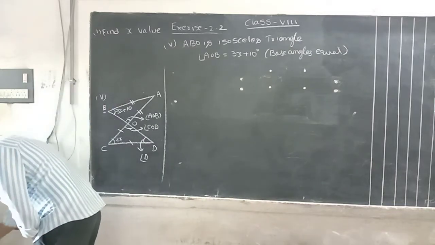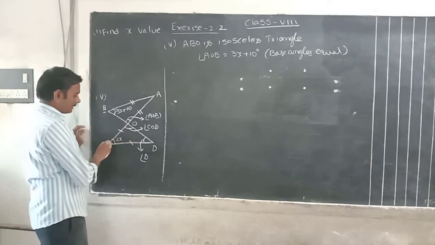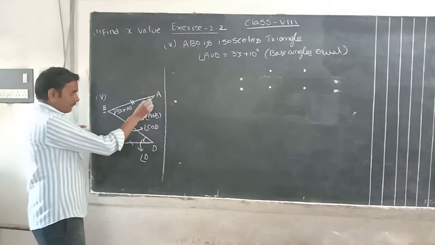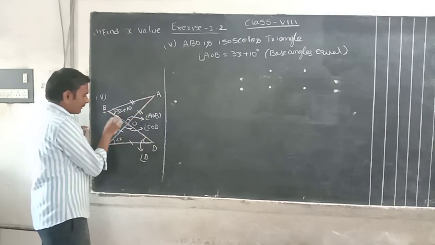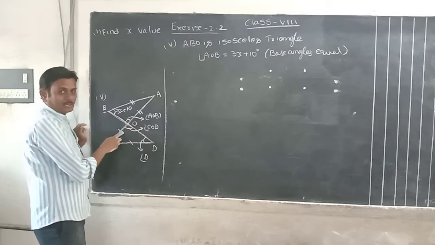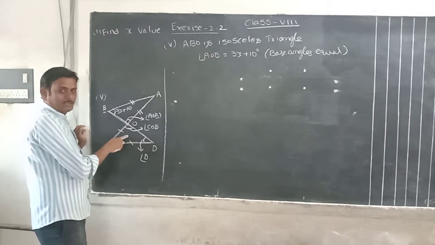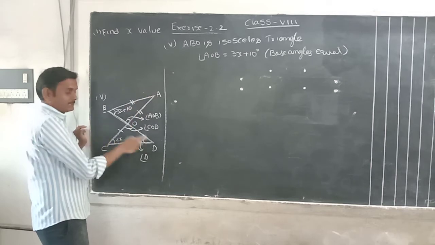What is the next triangle name? This is the next triangle. Before going to that, if you observe here, AC and BD are intersecting at a point O. What can we call these two angles? Vertical opposite angles. Vertical opposite angles are equal. AC and BD are intersecting lines.